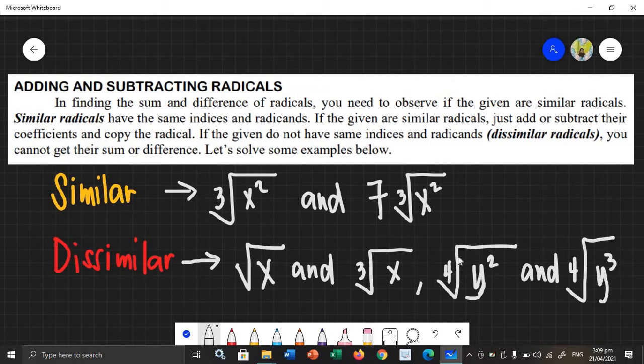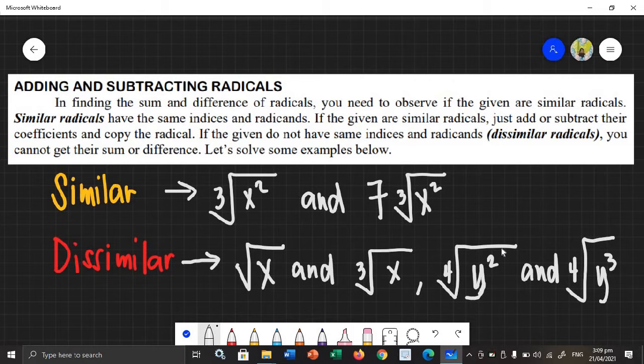So, kung napapansin ninyo, they both have the same indices, pero pagdating sa radicand, yes, they both have the same basis, which is both y, pero yung exponent nila is magkaiba. Therefore, these examples are considered as dissimilar radicals, and we cannot get their sum or difference.